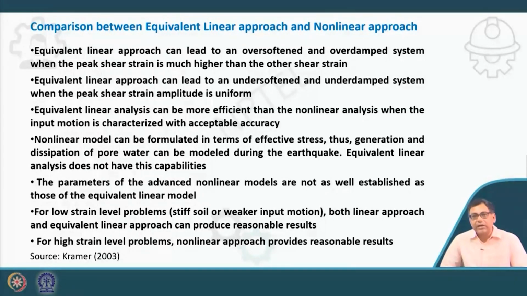Okay, so these are the comparisons between the equivalent linear approach and the non-linear approach.